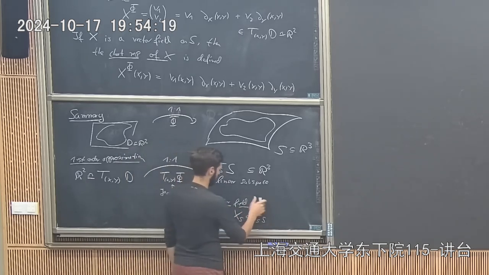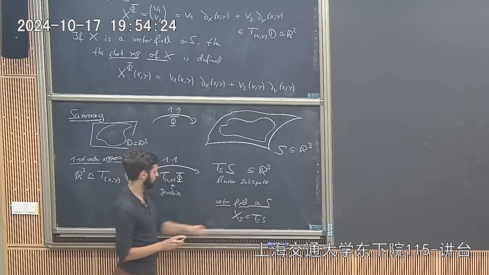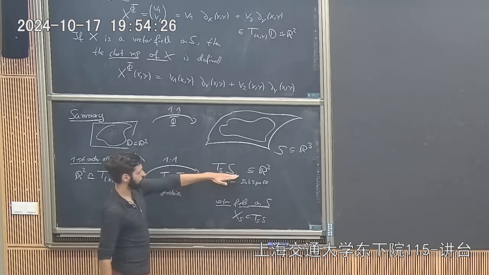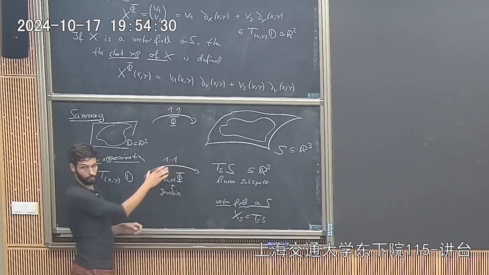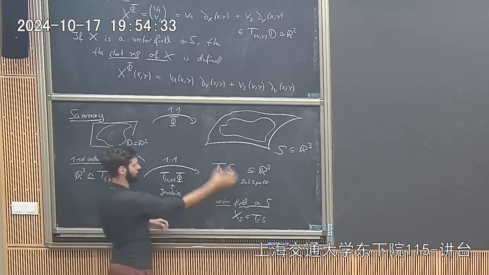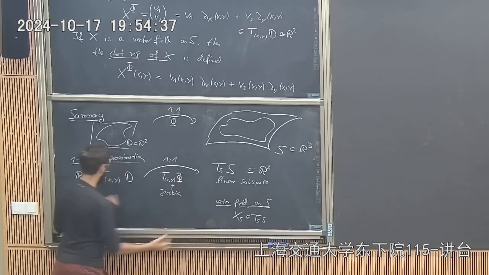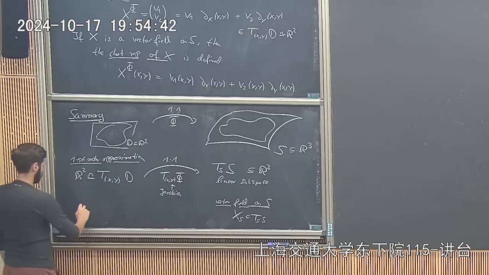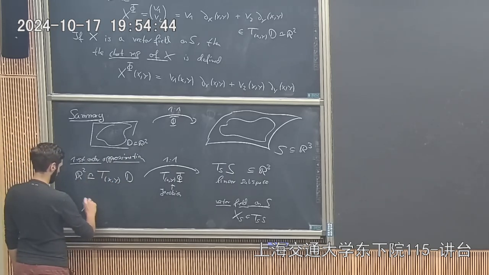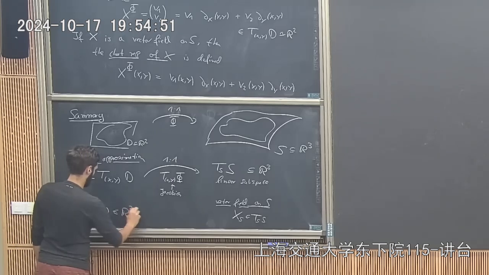So a vector field on S is something that lives in the tangent space. Because it lives in the tangent space, we can use that map, because this map is one-to-one, to map everything back into the tangent space here to get a certain vector in R2, and that one is then X_phi of x and y as a vector in R2.